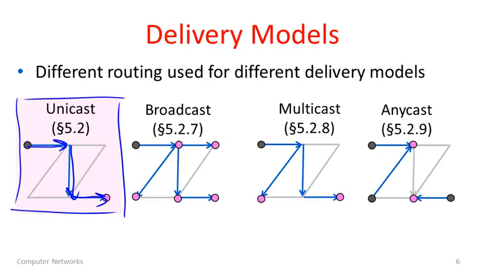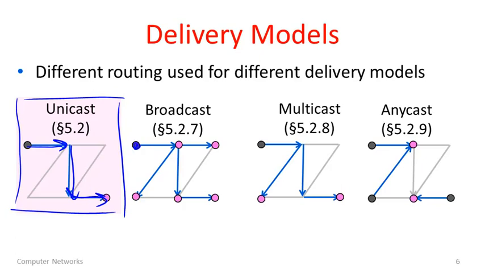I do want to point out to you that there are other kinds of delivery models, and they're important and useful in the internet. We don't have time to cover them in this introductory course, but if you're interested in some of these other models, I provided pointers to the sections. I'll just very briefly tell you what those models are. So in a broadcast model, you're trying to deliver traffic from a node to all other nodes of the network.